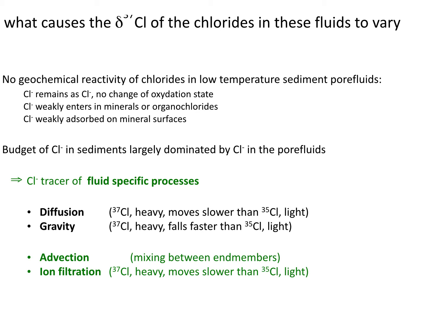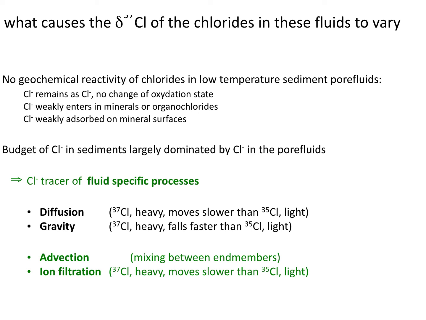Here is a list of 4 processes known to change the delta 37 chlorine in fluids. Among these processes, diffusion and gravity can be eliminated. They produce too small fractionations or 37 chlorine enrichments in the sedimentary piles.